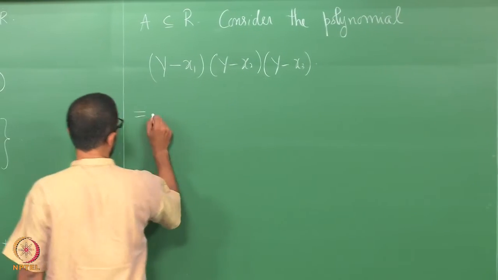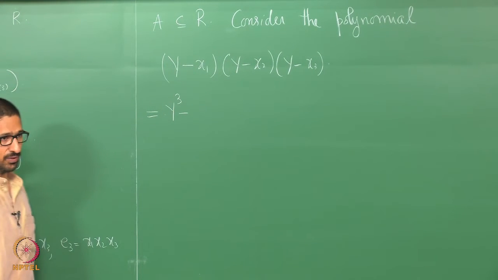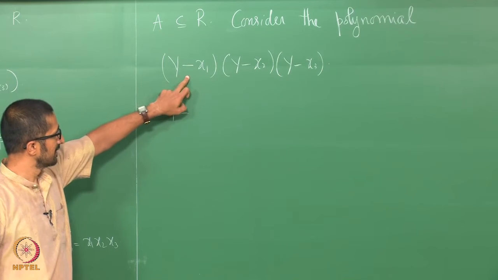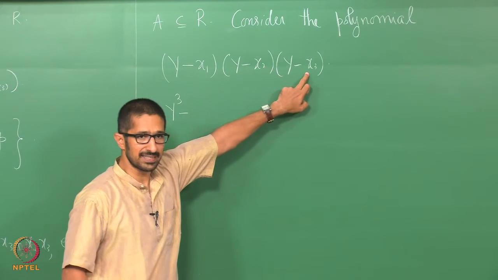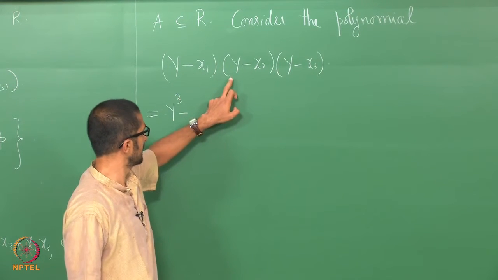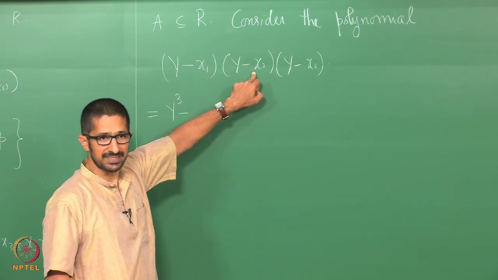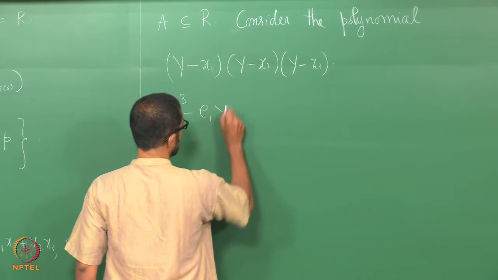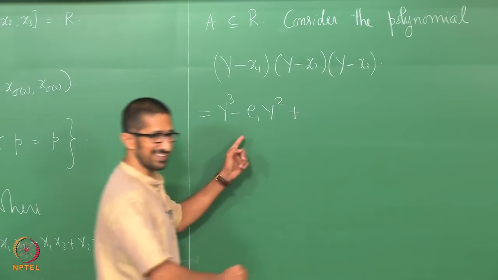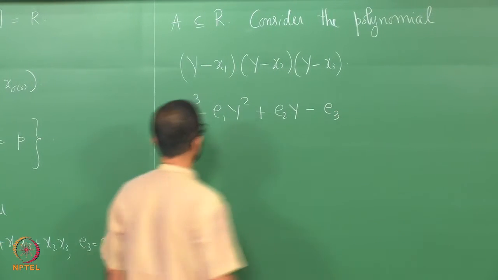What is this polynomial? y cube minus, what is the coefficient of y square? y square times minus x3, then y square times minus x1 and y square times minus x2, which is minus E1 times y square. What is the coefficient of y? E2. E2 times y minus E3.